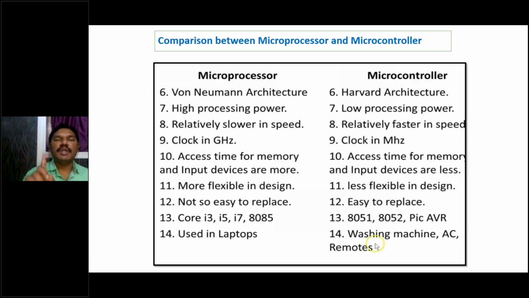In the Von Neumann architecture, it has only one memory unit, meaning RAM memory and ROM memory are operated through the same address lines and same data bus. Whereas in the case of Harvard architecture, program memory, that is ROM, and data memory, RAM, have their own address and data lines. That is the difference between Von Neumann and Harvard architecture.